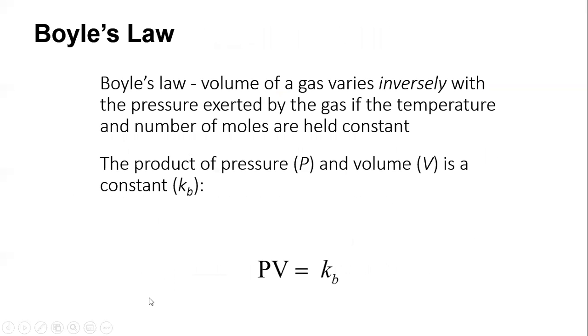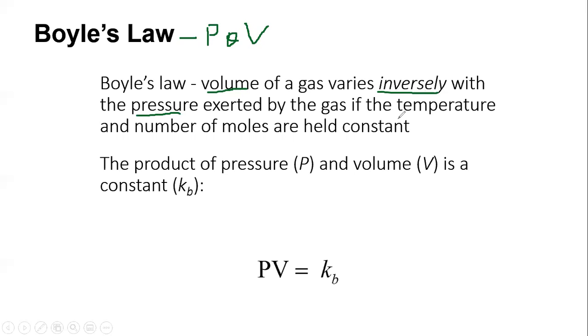So this brings us to our first gas law, talking about how two properties are interdependent on one another. In Boyle's law, we're discussing how pressure and volume are interdependent. And so here it says the volume of a gas varies inversely with the pressure exerted by the gas.